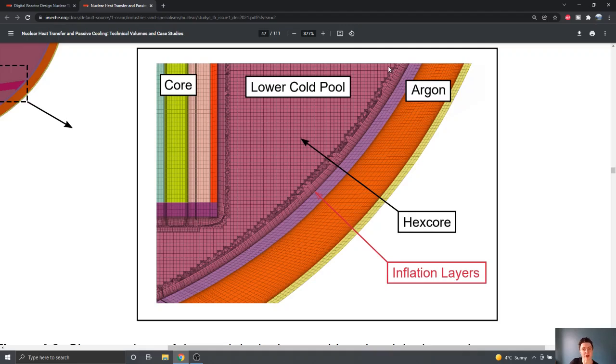Of course, it would be very difficult to generate a fully structured mesh of this region with only hexahedral cells because it has a complex shape. And so what I've got is quite a thick layer of inflation layers on the surface of the reactor vessel, and then there's a transition region into a hex core, which you can see here.